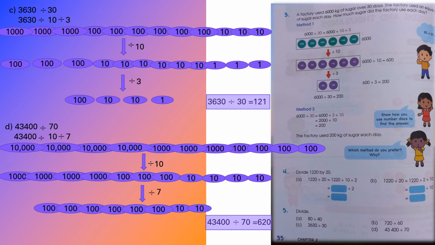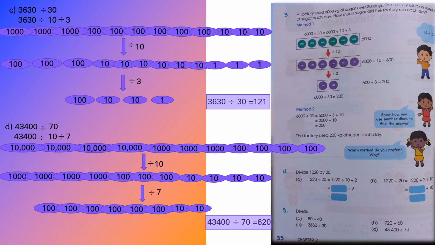Now this value is going to be divided by 3 and the outcome is 100, 2 tens and 1 one. So when 3630 is divided by 30, the answer will be 121.